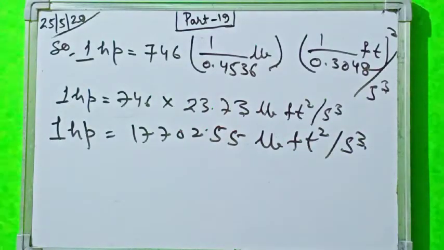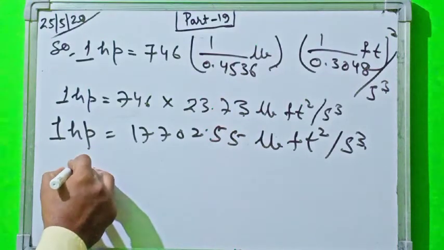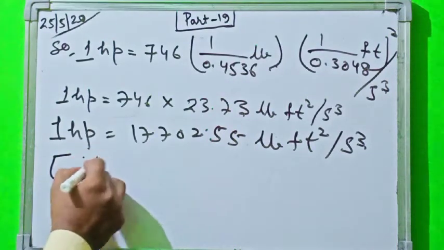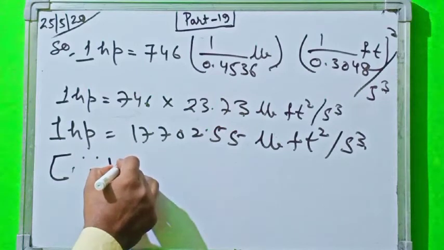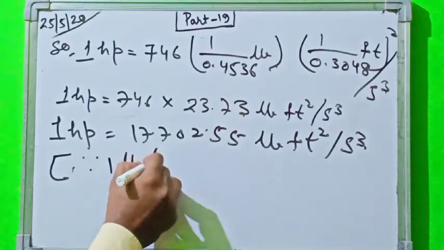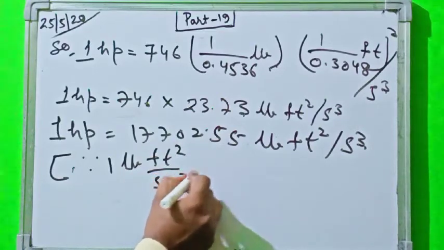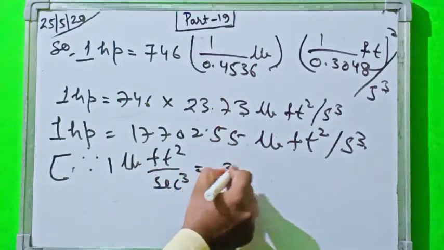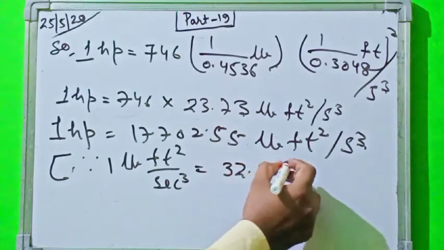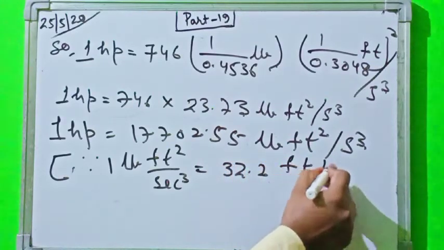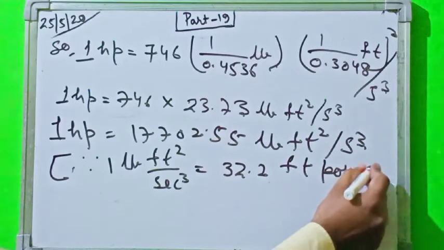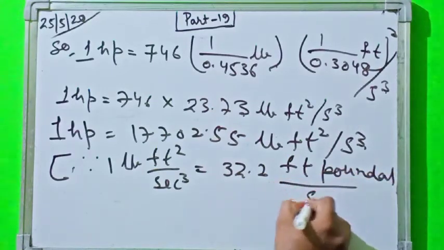Now there is a relationship between foot poundal second and pound foot squared per second cubed. 1 pound foot squared per second cubed is equal to 1 over 32.2 foot poundal per second.